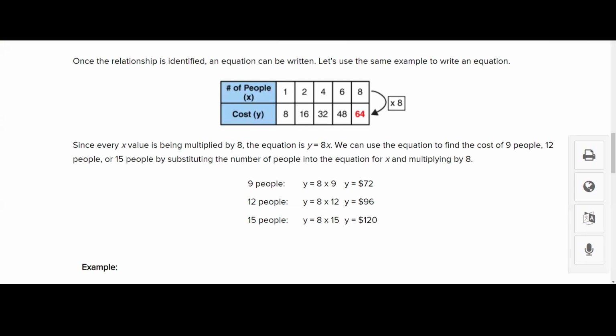We can use the equation to find the cost for other numbers of people by substituting the number of people for x and multiplying it by 8. Okay, so for 9 people, that'll be 8 times 9. For 12 people, that'll be 8 times 12, right? Yeah. And for 15 people, that'll be what?